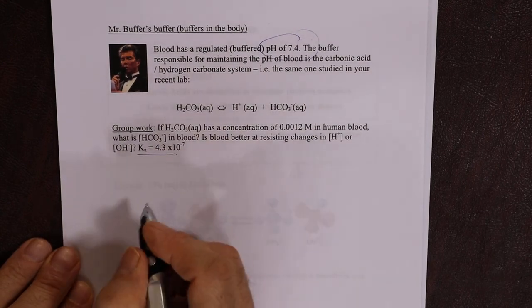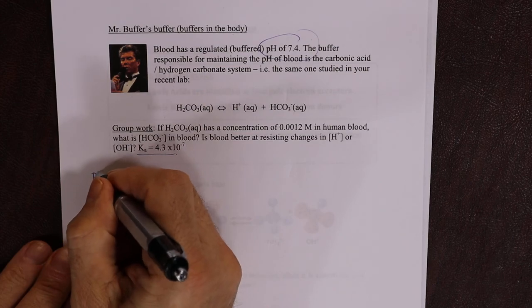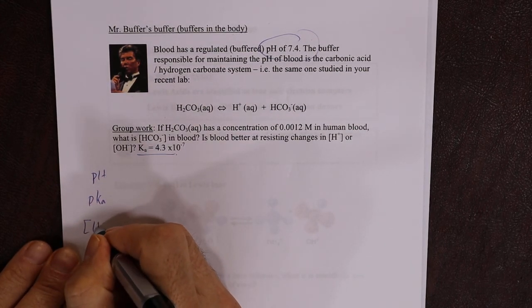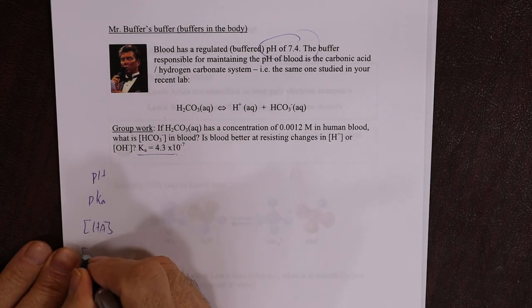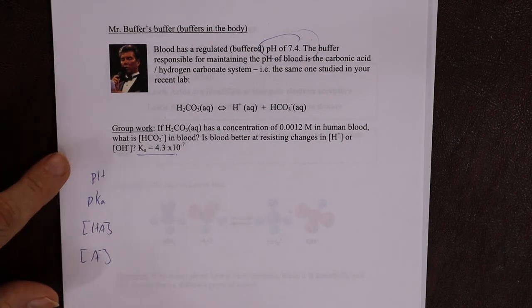We're going to use the Henderson-Hasselbalch equation, right? So we need pH, pKa, and dissociated acid and conjugate base. You could do a grid too, but Henderson-Hasselbalch for buffers is usually the best method.